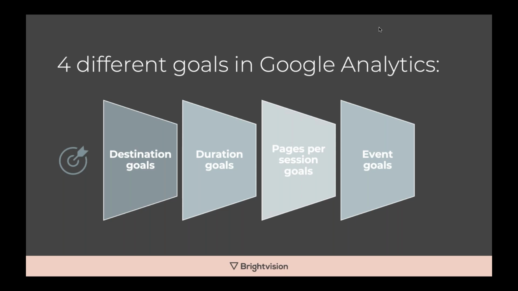The third goal, pages per session, is very similar to our duration goal, but it allows you to measure how many pages a visitor has displayed before leaving your site. This is probably the least used goal in lead generation, but I think you should still have it in mind when putting your goals up because it is a good way to measure engagement on your site.